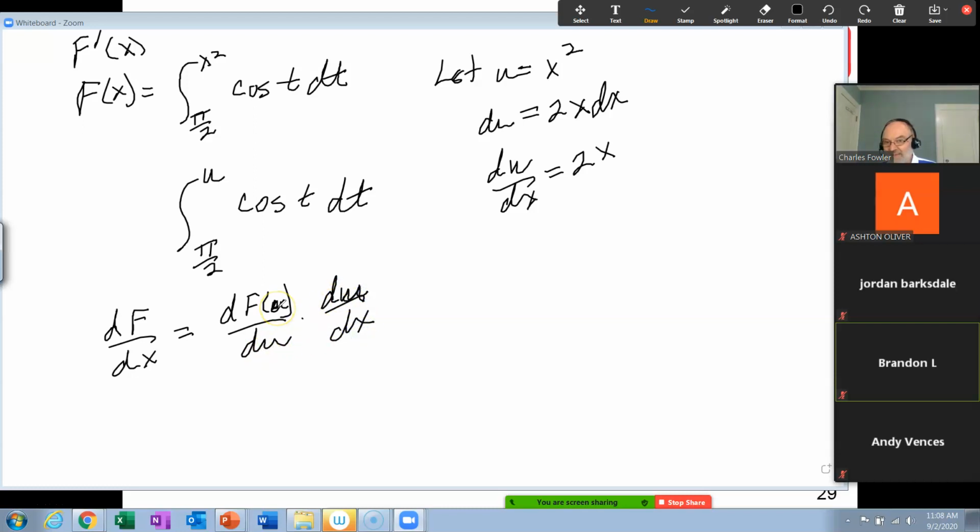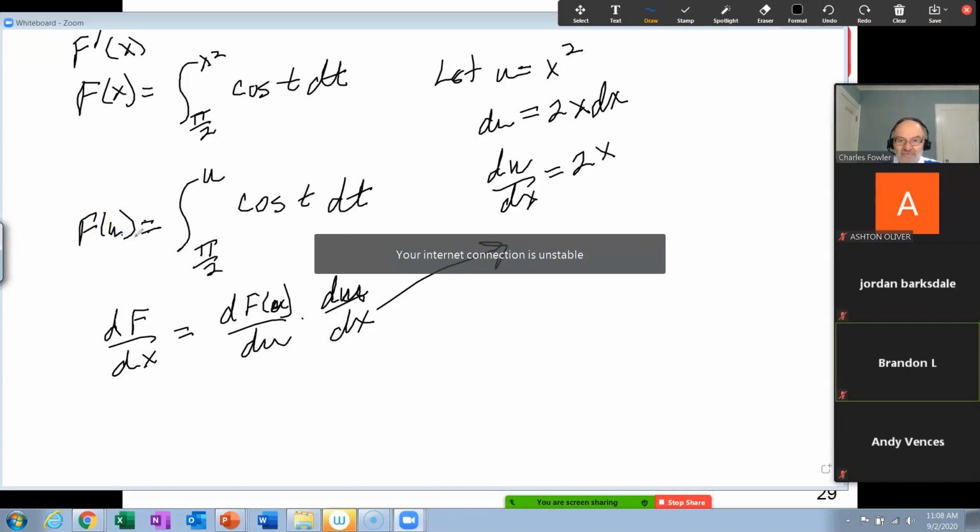Okay, now here is where this comes from. So this is what we're looking for, and this, I think, by this definition here, would be f of u.